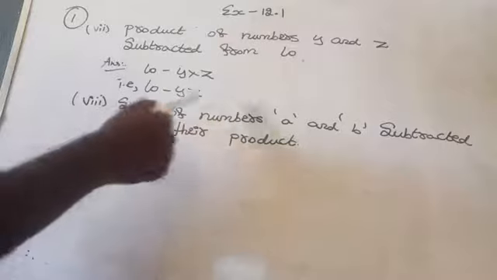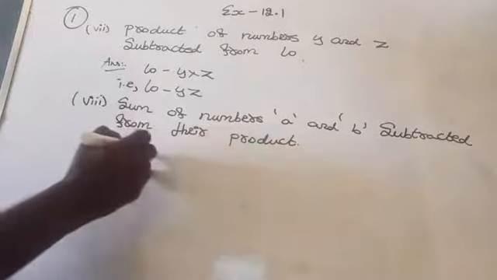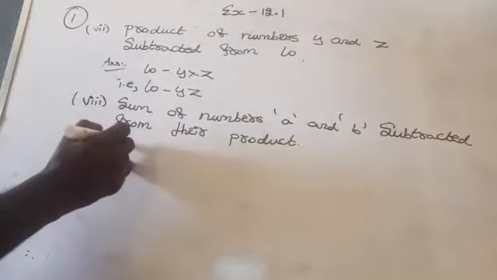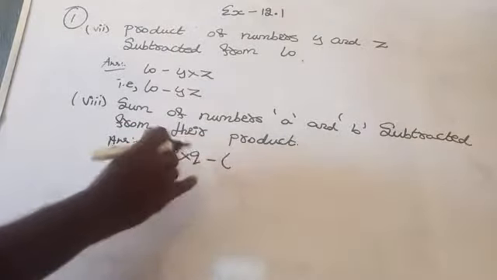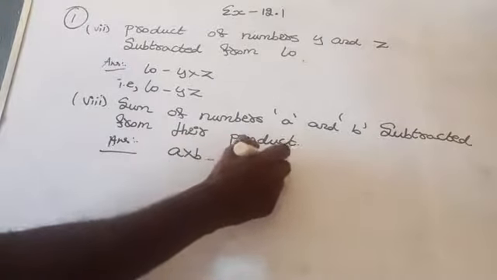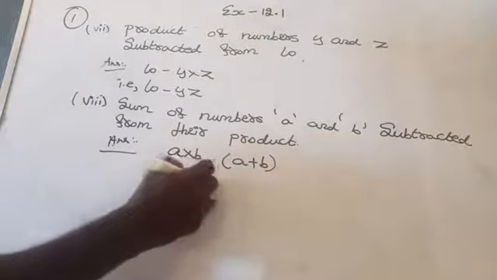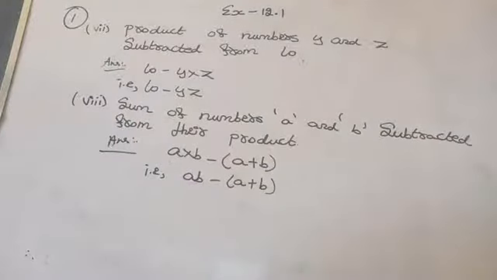The sum is subtracted from their product, so the product comes first: ab minus (a plus b). Please remember, a plus b minus ab is not correct, because the commutative property is not satisfied under subtraction. Are you clear, dear? Yes.